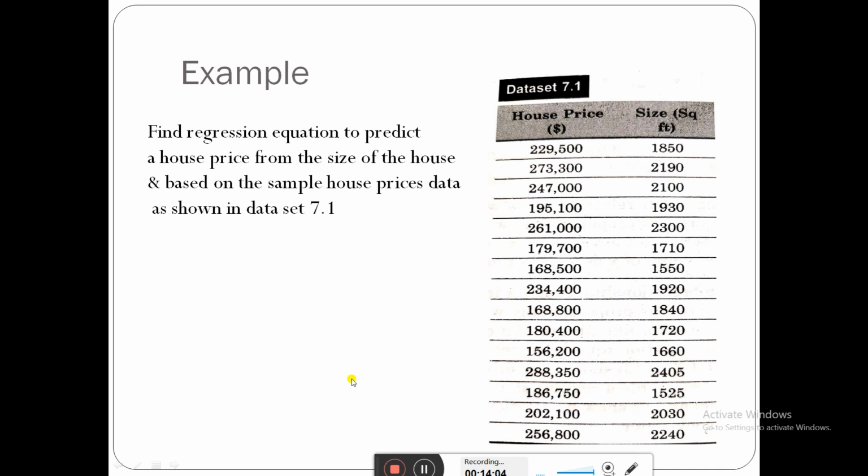Correlation r is equal to the summation of (x minus x bar)(y minus y bar) divided by the square root of the summation of (x minus x bar) squared times the summation of (y minus y bar) squared. To find that, first we have to find out the x bar and the y bar.